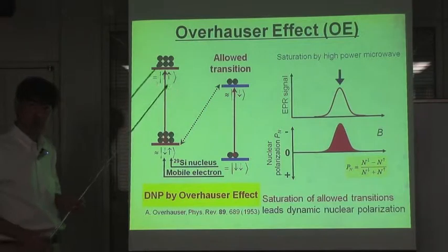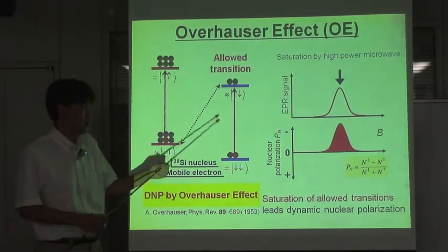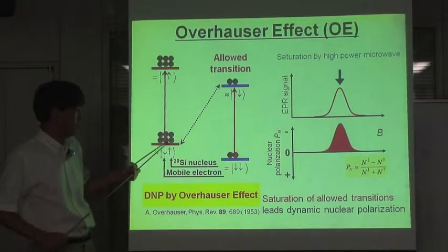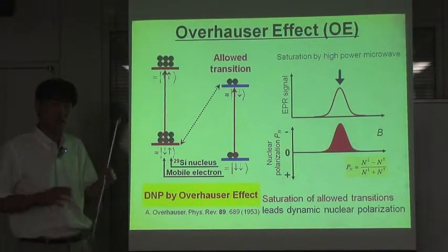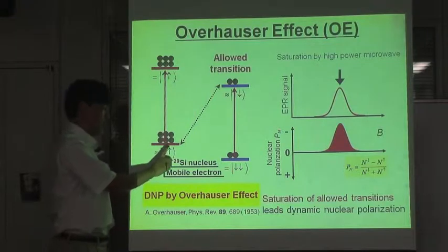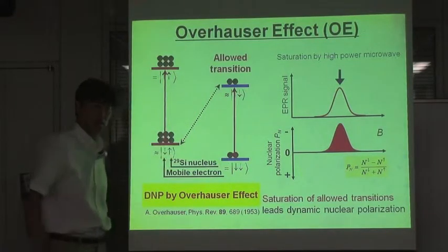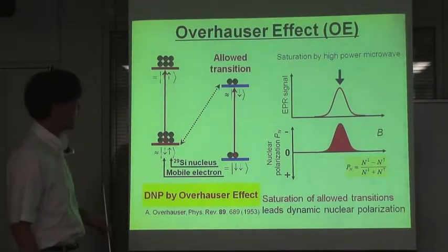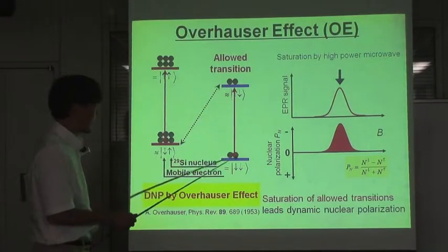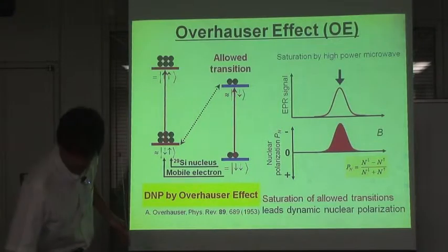At the end of this process, you can see that we have more population on the left than on the right. More population on the left means more nuclear spin up states. So this way we can realize preferentially silicon-29 having up states more than down states. So this is the so-called Overhauser effect, and this effect occurs exactly at the resonance, so at the shining of this frequency.